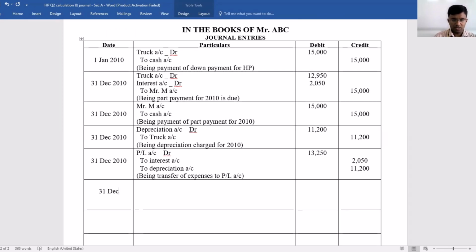Now on 31st December 2011, that is when we have the next entry. Truck account debited, and the amount is 13,597.5.